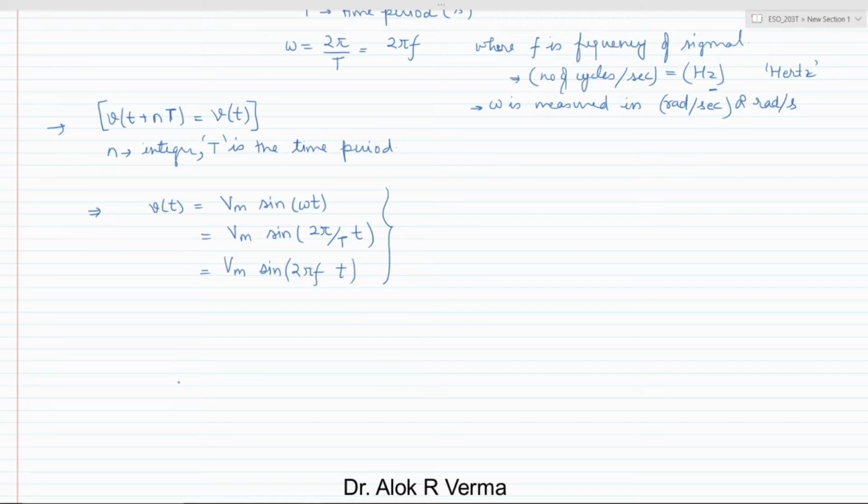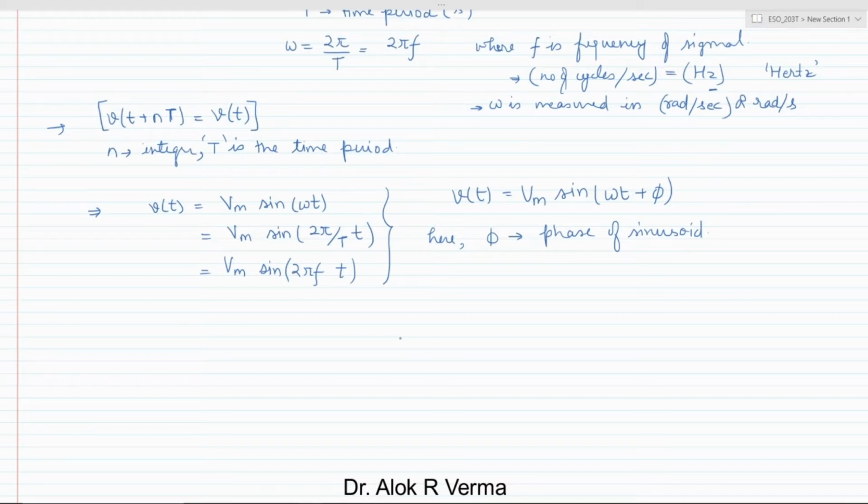Now there is something known as sinusoids with some phase difference, or with some phase. If I write some other signal in this format, what does this phi stand for? Here we know omega, Vm, and that it is a sinusoid, and phi is nothing but the phase of the sinusoid.